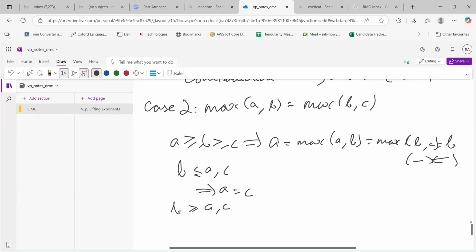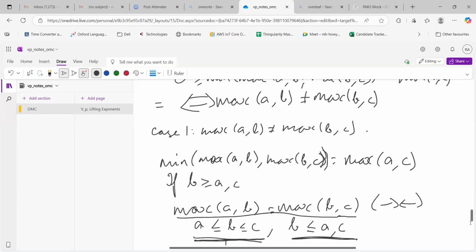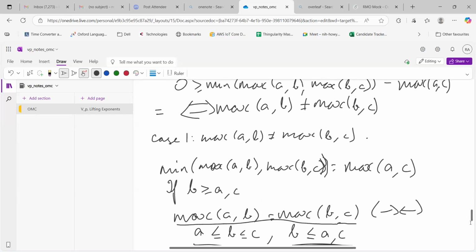Anyone? Just keep this thing in mind. This is the main thing, and we're trying to contradict this at all steps.